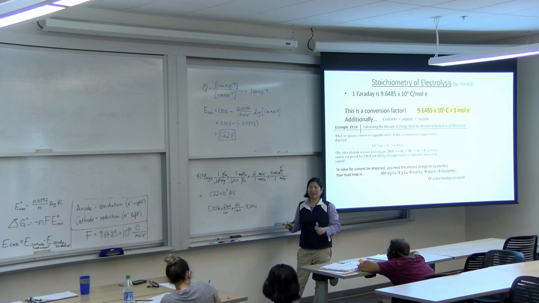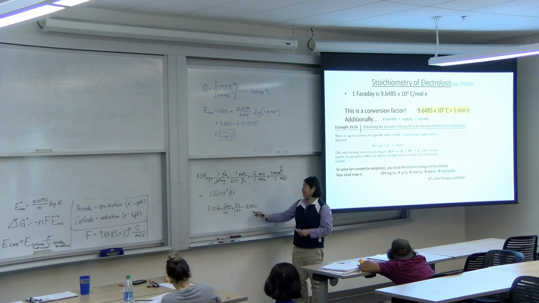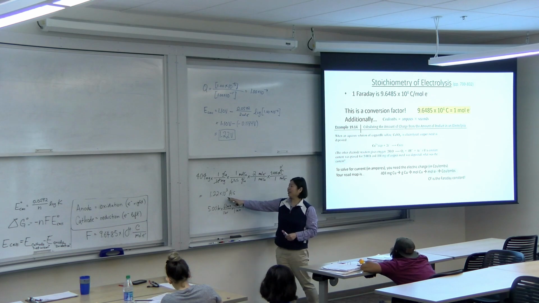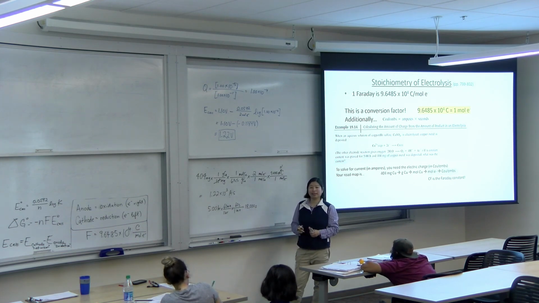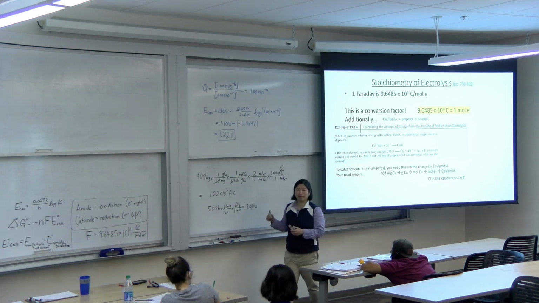Let's assume it's right. So if this is how many seconds, you're going to have to multiply it by the ampere seconds to get 5 hours. I'm not going to do that math. We all know how to multiply.